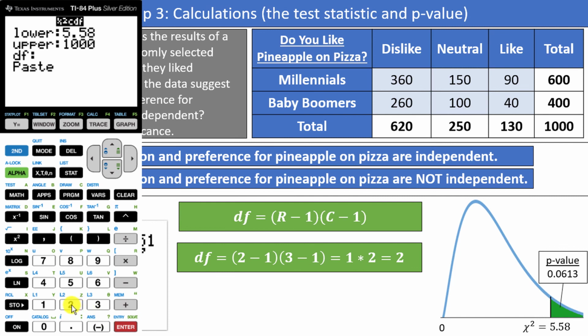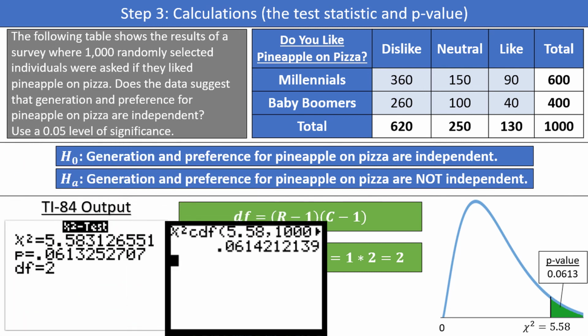The degrees of freedom are 2. When we press paste, if you have a TI-83 calculator, make sure to match this output. Chi-square CDF, 5.58, comma, 1000, comma, 2. When we press enter, we get 0.0614, which is approximately the same answer that our calculator gave us when we used the chi-square test function.